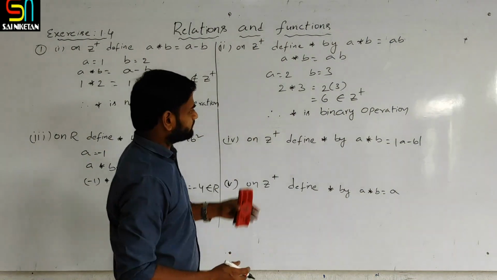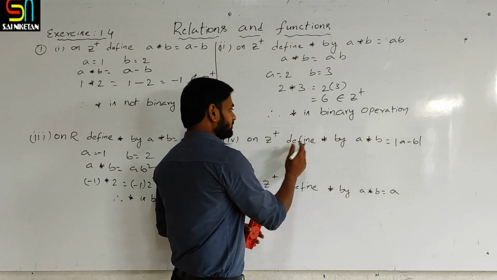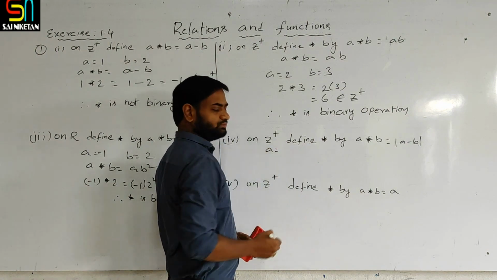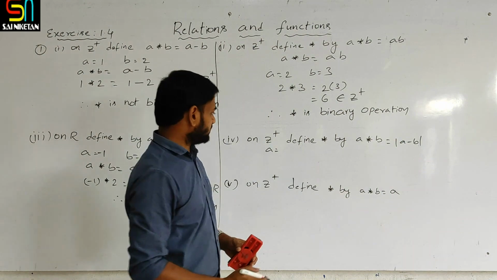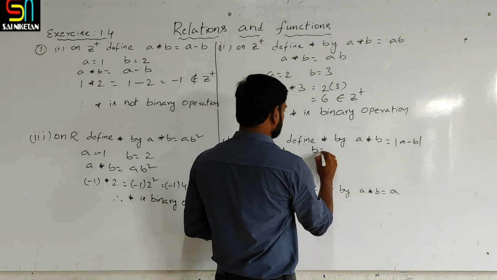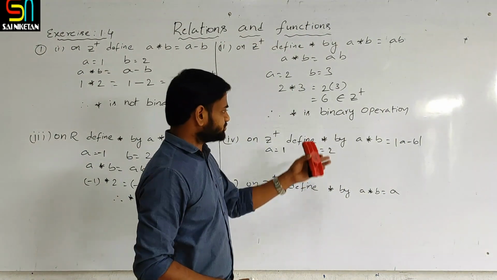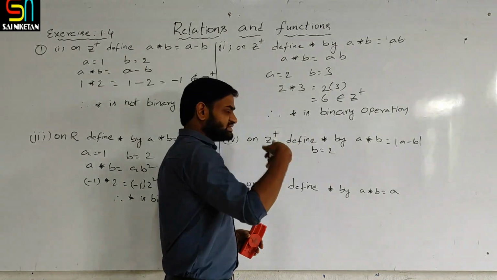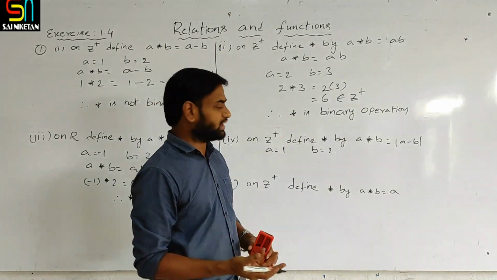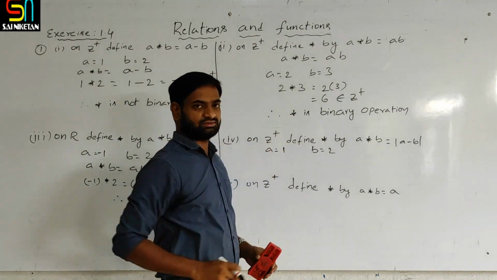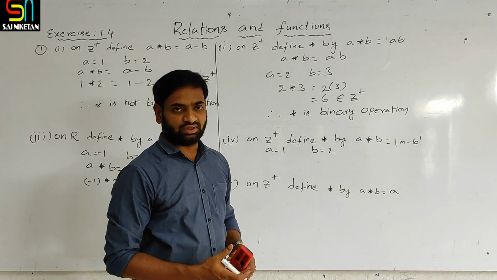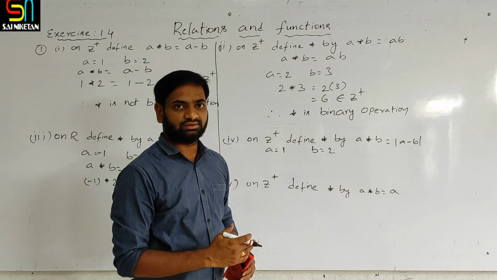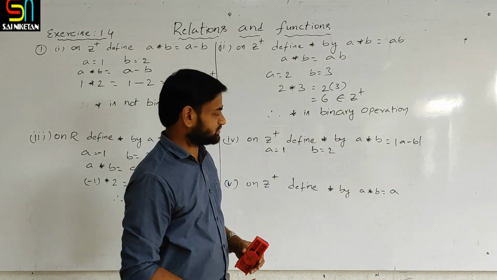Next, come to this one. Here A value, B value are positive integers. A value is 1, B value I am making 2. Substitute. If the result also belongs to the same set, then you can say it is binary operation. If it does not belong to the same set, it is not binary operation.